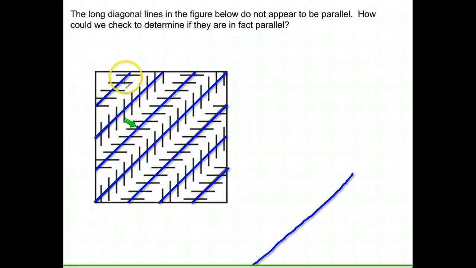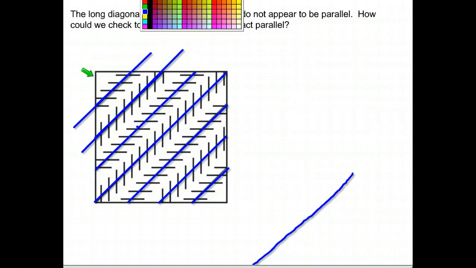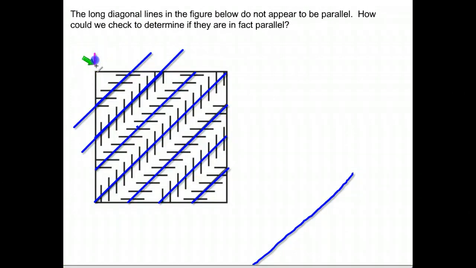Well, what do we know about parallel lines? Let me take them and carry them through. How could I tell if these two lines are parallel? What did we study in this lesson that allows me to do that? Well, notice the border here. The border is like a transversal for those lines.